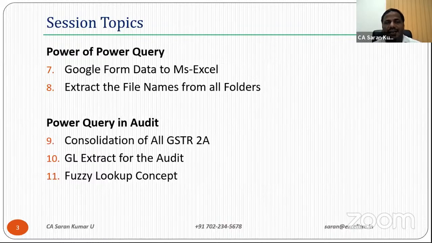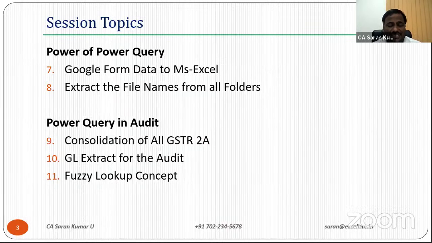Generally, Google form data gets stored at the back end in a Google spreadsheet. But how can you link the Google spreadsheet into your Excel so that when I send my staff for any audit, instead of putting observations on paper, she keeps everything in the Google form, and once I refresh my Excel, whatever she is filling in the entire Google form, the data will come into my Excel. So my analysis will be very simple.